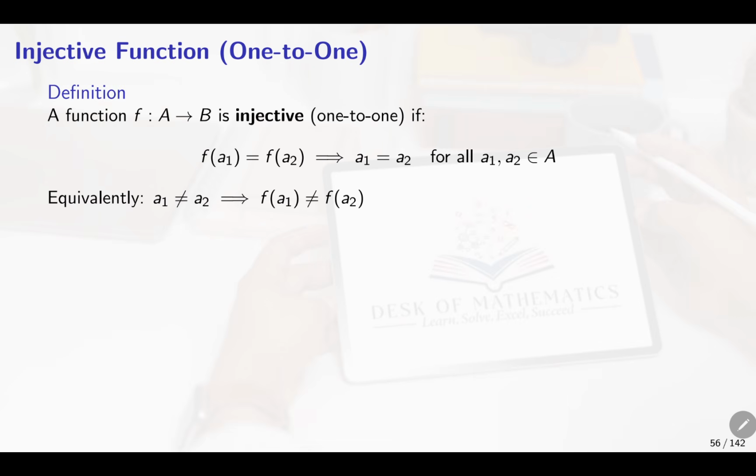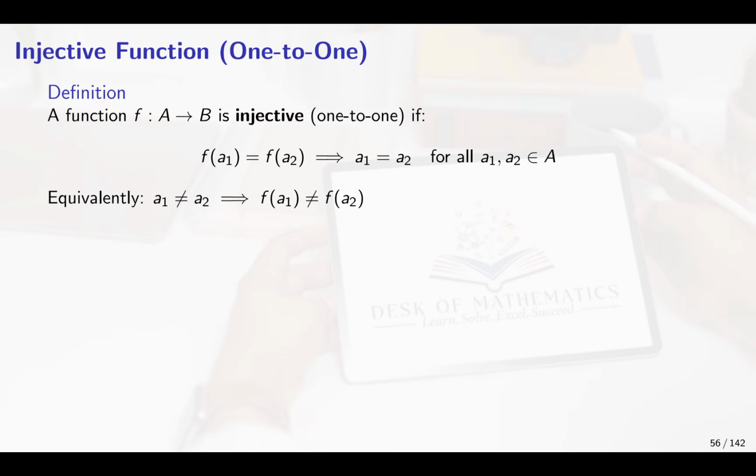Now, very important: many of the students have requested that I please solve questions on functions. The questions that may come in your exam on functions are to check whether the function is 1-1 and onto.